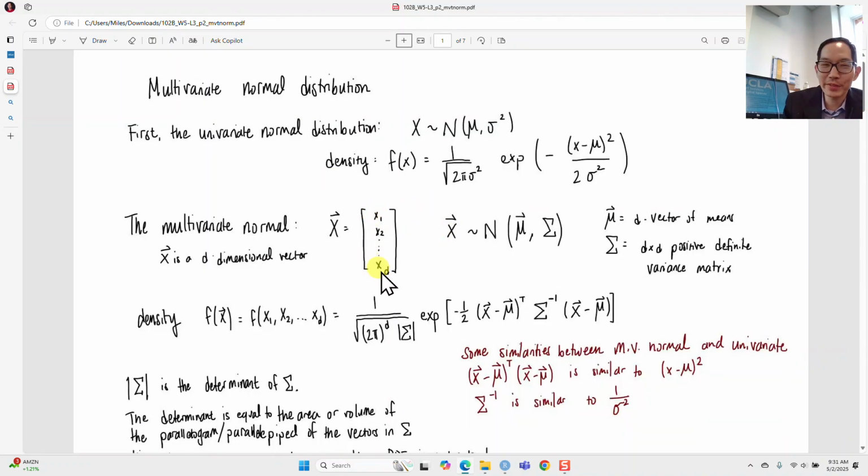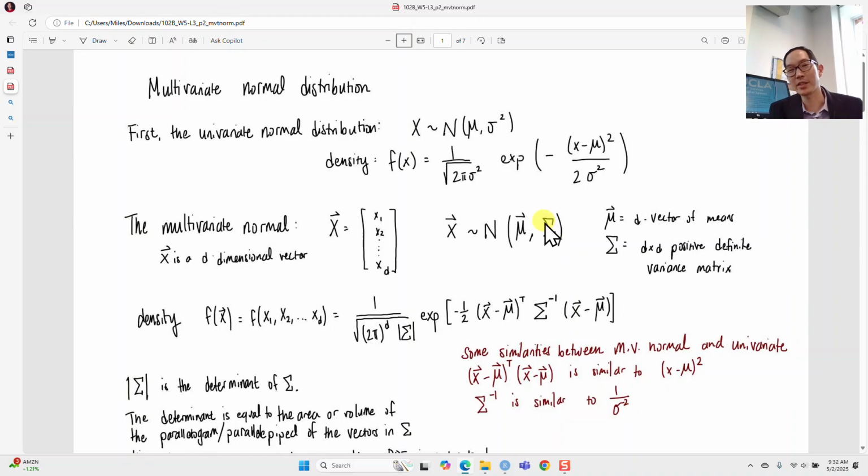And so we have this d-dimensional vector. I just showed you 2-dimensional ones, but we have these d-dimensional vectors, and in our parameterization we would say the vector x comes from a normal distribution where we have the mean vector, our mu vector, and then we have a variance matrix, and that's going to be sigma, and this is going to be a d by d positive definite variance matrix.